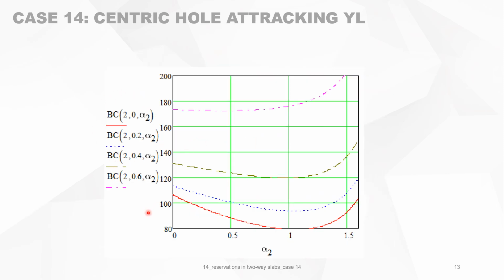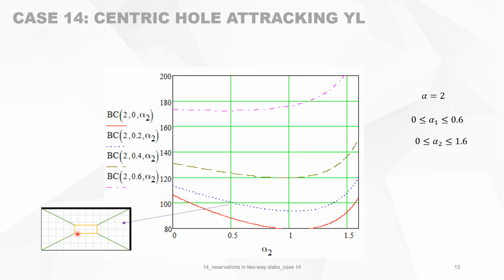And finally, for alpha equals 2, we see also here the zone where you should take care. To visualize it, for alpha equals 2, you have alpha 2 between 0.5 and 1.3 or something like that. In between those two, it's bad. Outside that, it's okay.